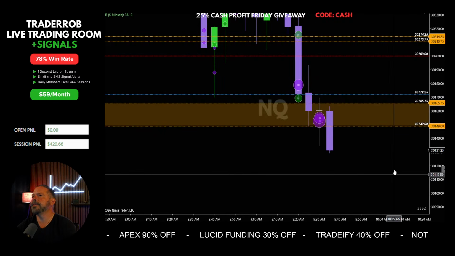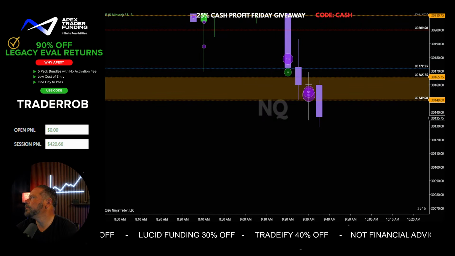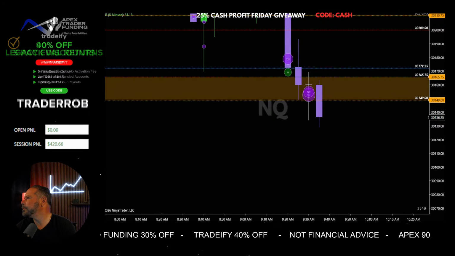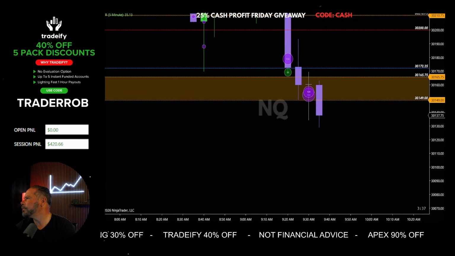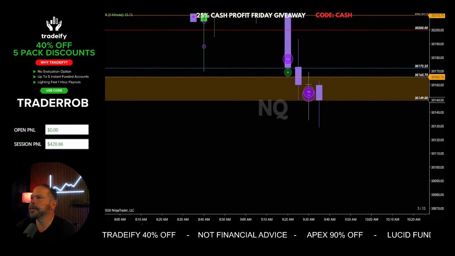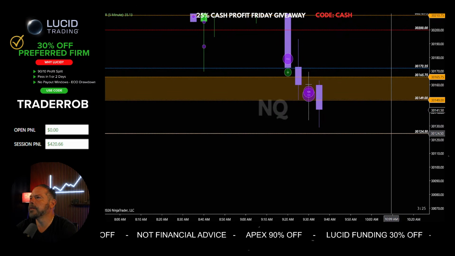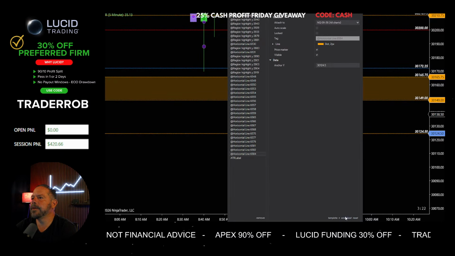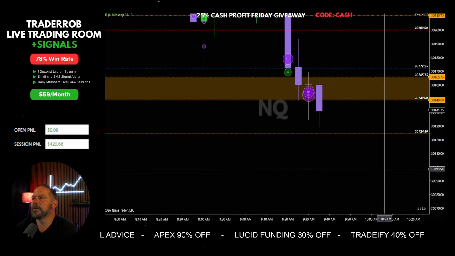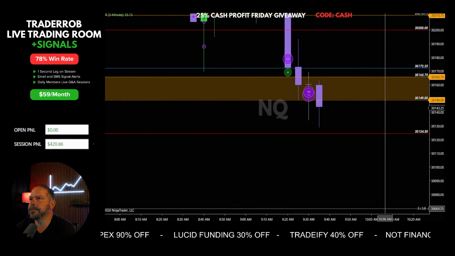I don't know why my daily low's not showing up. 31.24.50. Put this one in red. That's our current low from the Globex session to now.